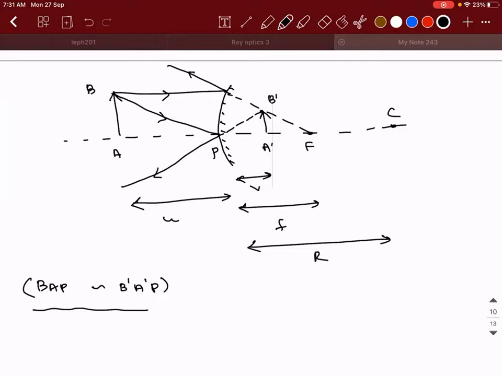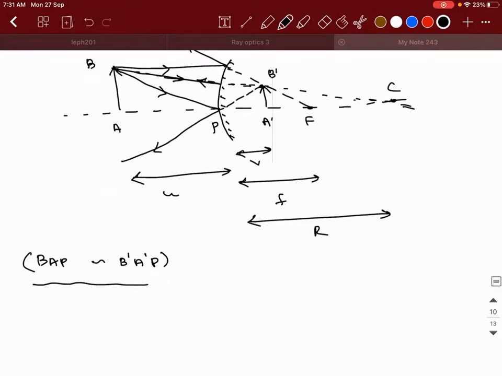So if I take a ray from the top as if it is going to hit the center of curvature, can I say that this is going to retrace the path also? So if I take a ray like this, will it retrace this path also? But still the image is formed at this point. So can I take triangle BAC similar to triangle B dash A dash C? Are you able to understand what I'm trying to say?